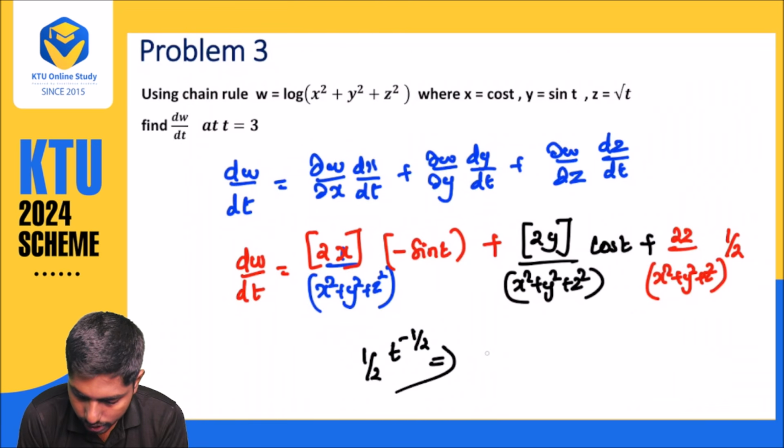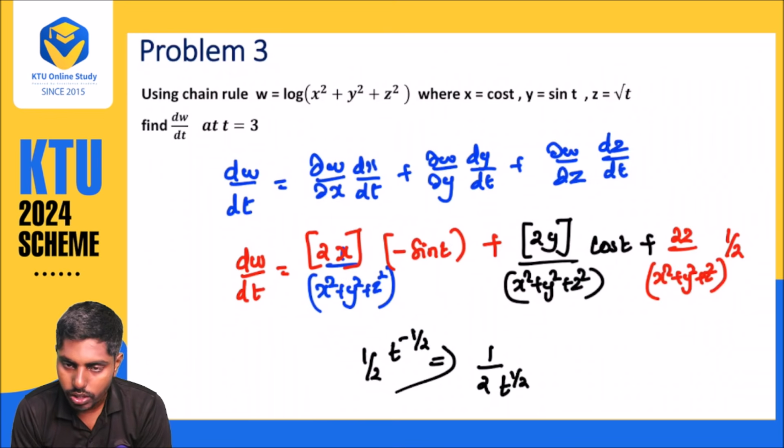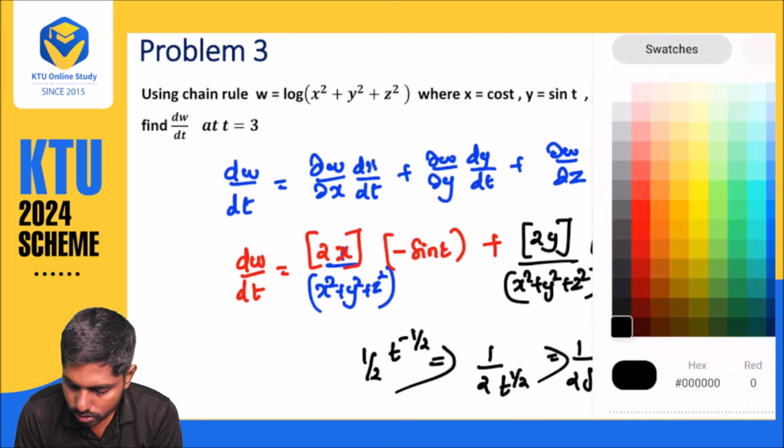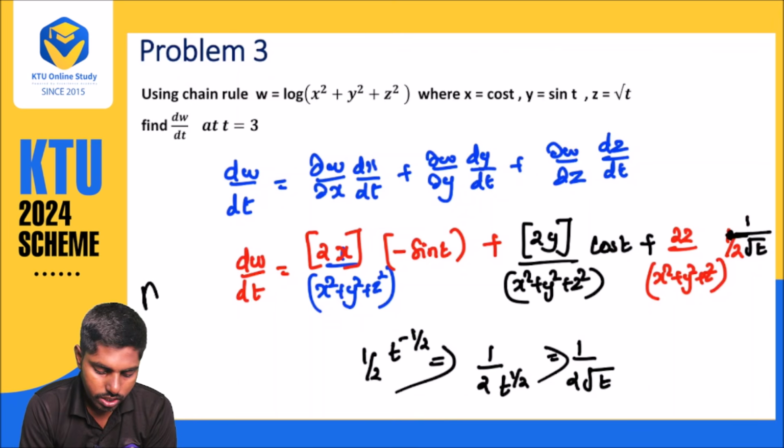The power is negative, so it comes down, giving 1 by 2 divided by root t, which is 1 by 2 root t. So this is our required answer.